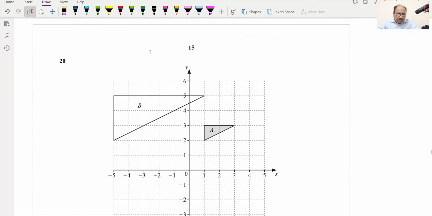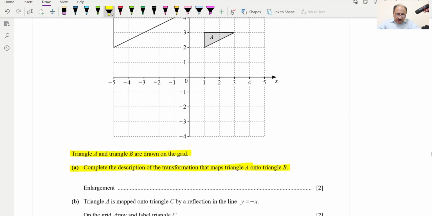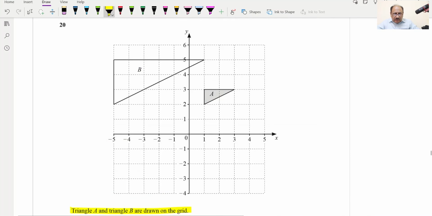Now question number 20. Question 20 is a transformation question, and a grid is provided. Triangles A and B are also provided, and the question says triangles A and B are drawn on the grid. A part, complete the description of the transformation that maps triangle A onto B. If we check A onto B, this is an enlargement.